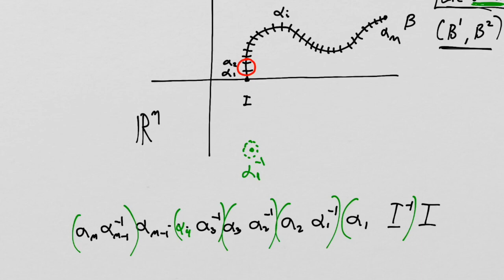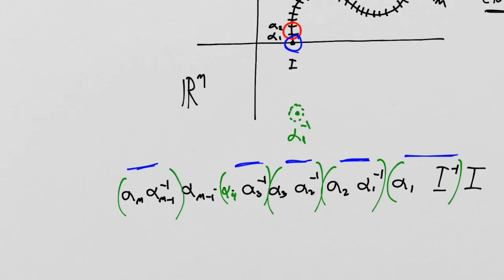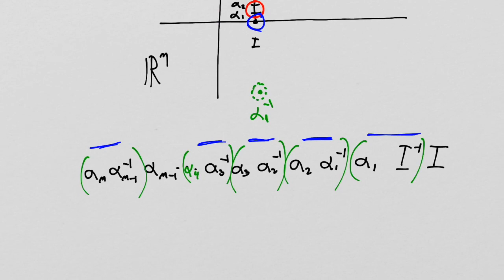That is, this neighborhood here, I better do it in blue, this neighborhood here. This guy's in that neighborhood, this guy's in that neighborhood, all the way to this last guy. Now we imagine taking this sequence that we've written of products of group elements.